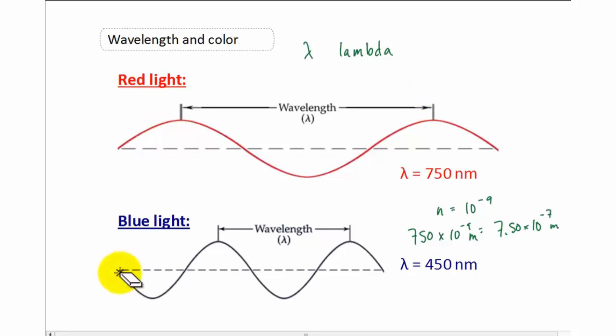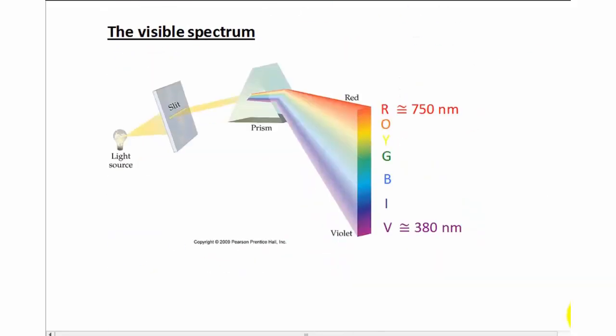So you see, blue light has a much shorter wavelength than red light, and we can actually look at the visible spectrum to talk about everything in between.